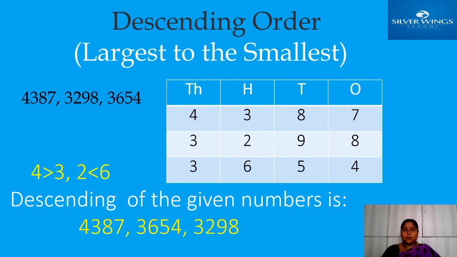Now here also you should follow the comparison rules. Whenever we want to compare numbers, we should follow those rules. First rule, we should compare the number of digits in the given numbers. Here all are 4-digit numbers, so you should check the first digit from your extreme left.